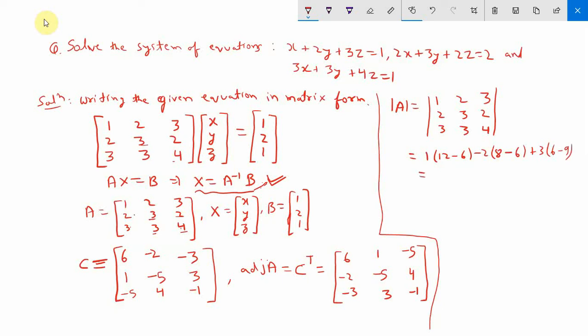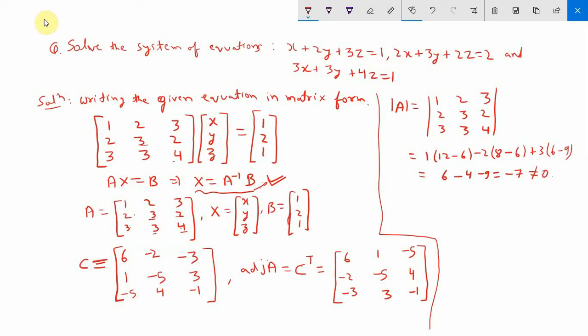So it will be 6 minus 4 minus 9. Okay. So it is equal to minus 7, which is not equal to 0.